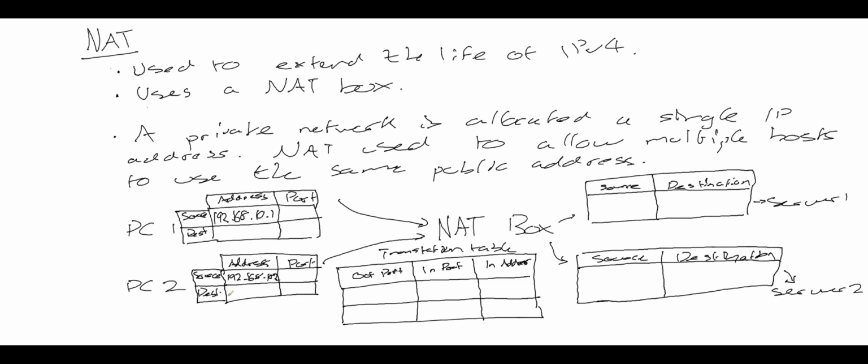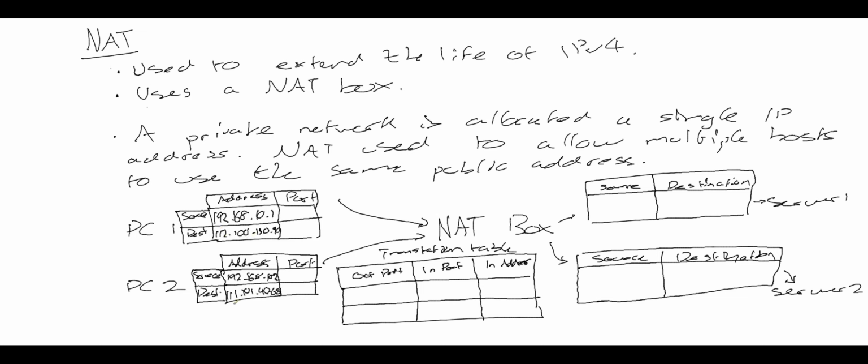And they're both wanting to send a request to a server, we're going to say on port 80, and those servers have different IP addresses, public IPs. So we're going to write those IP addresses here in the destination field of this table.